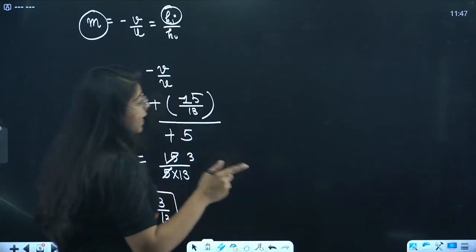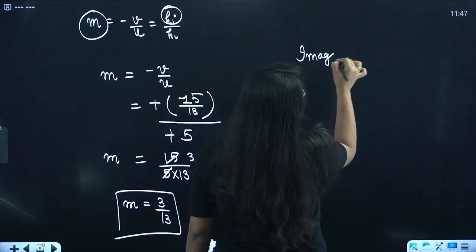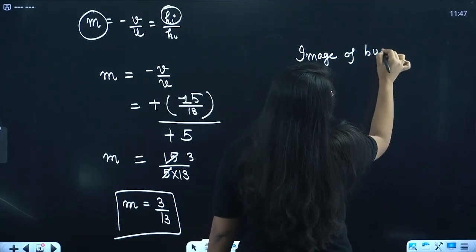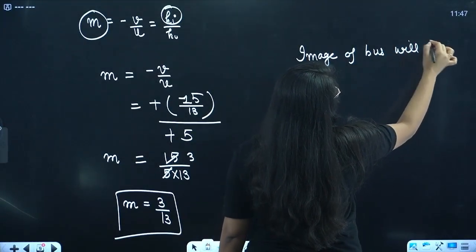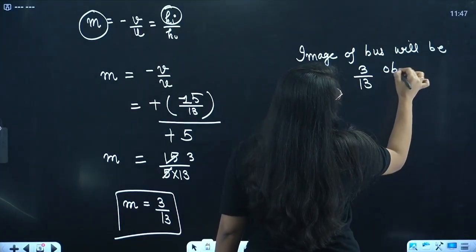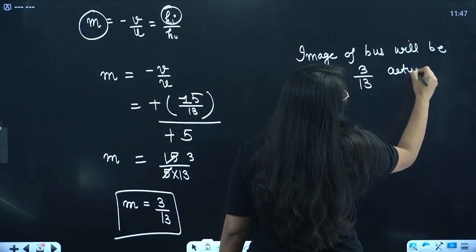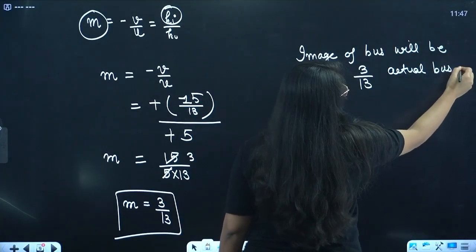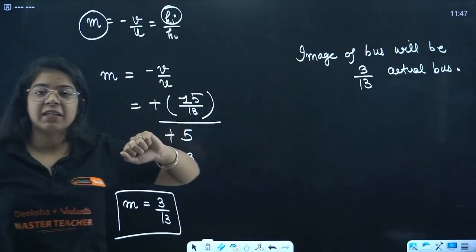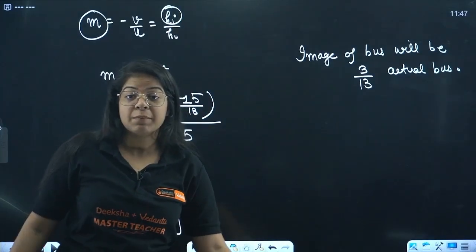Now you can say that the image of the bus will be 3 by 13 times the object, or the actual bus. Okay, understood? So this will be your final answer for the size of the image of the bus.